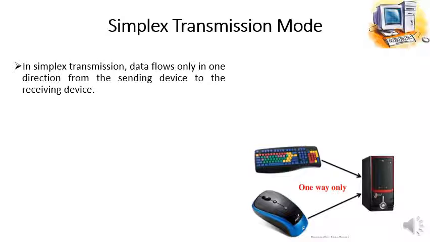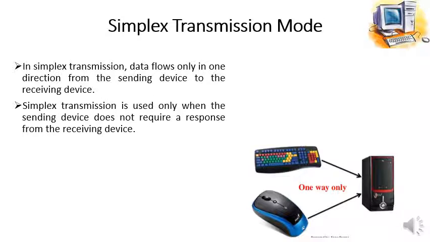So this is always a one-way communication, because it is only the input device, that is keyboard and mouse, which can communicate with the system unit or with the microprocessor. So that is only one-way traffic and one-way communication, and such type of communication is called simplex transmission mode, or we can call it simplex mode of communication.